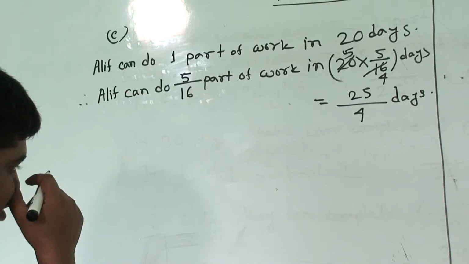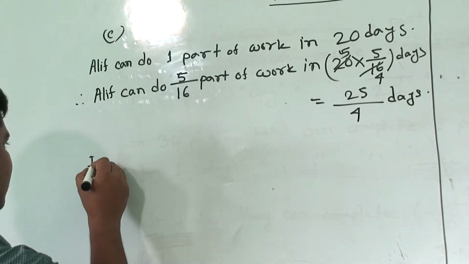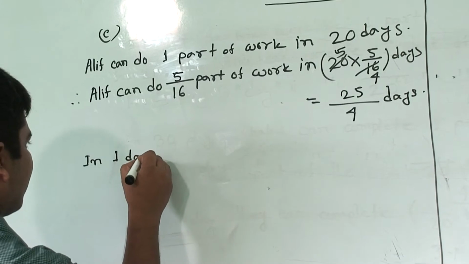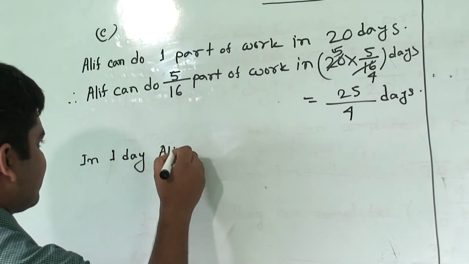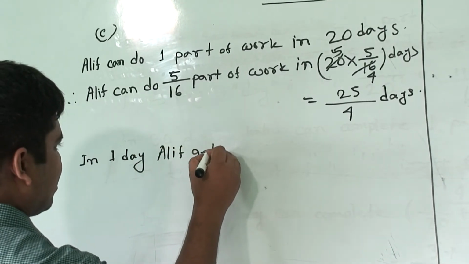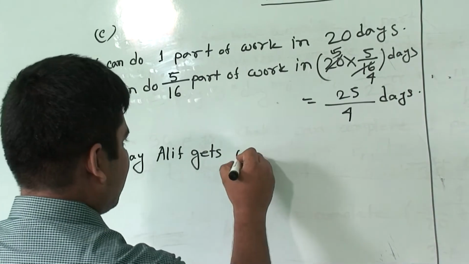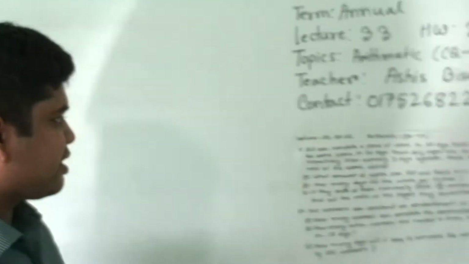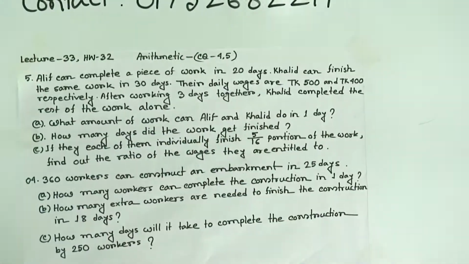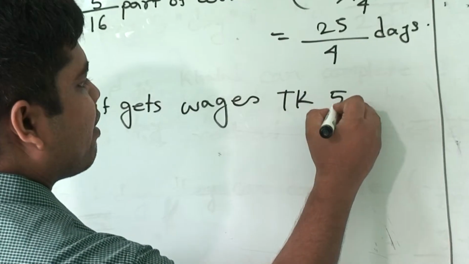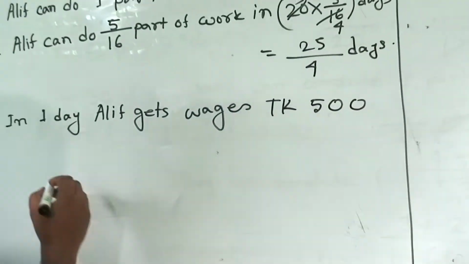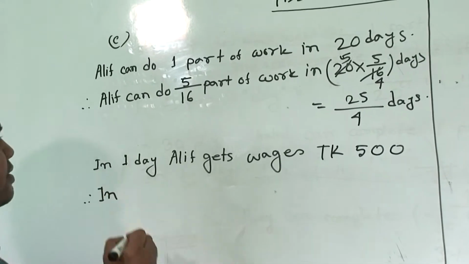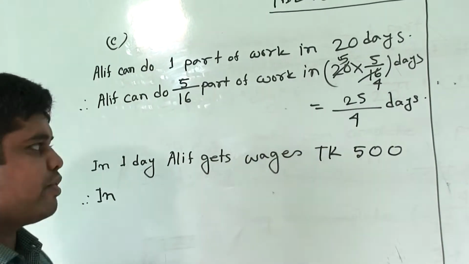So now in one day Alif gets wages how much taka? 500 taka. So write this 500 taka. Now in how many days? 25 by 4 days.